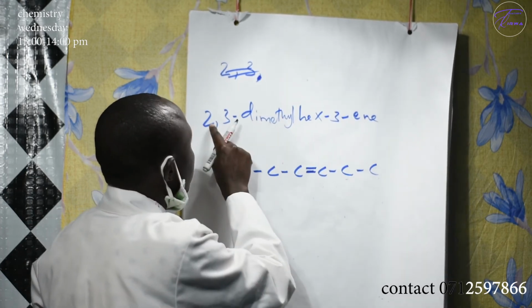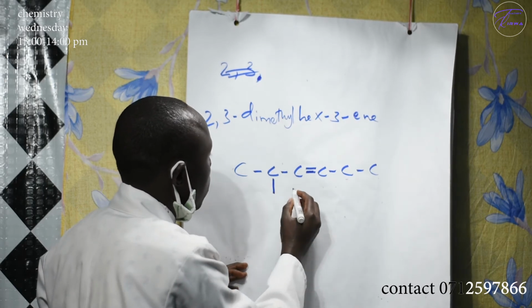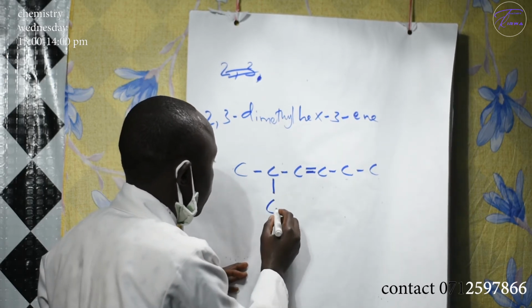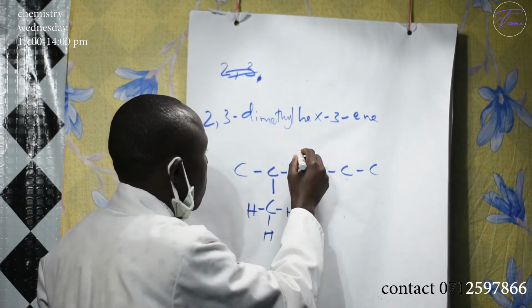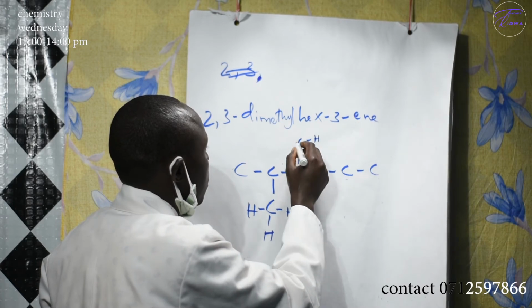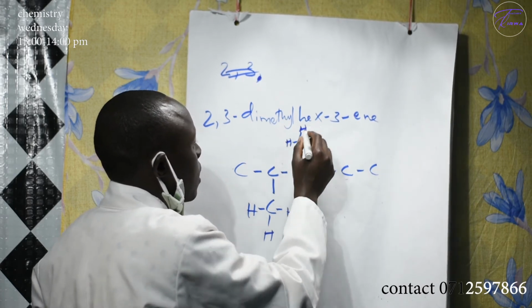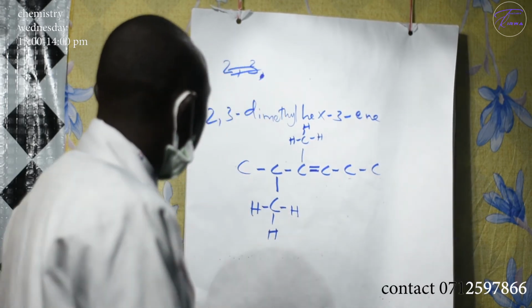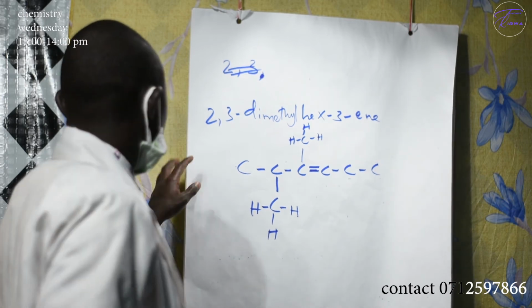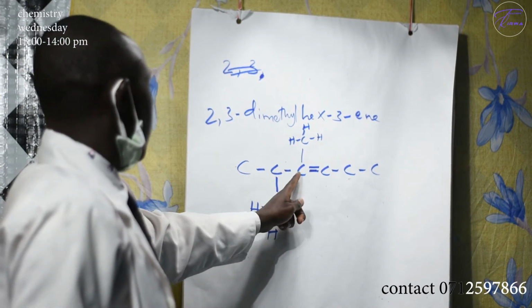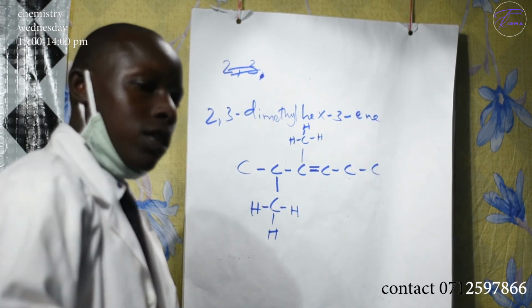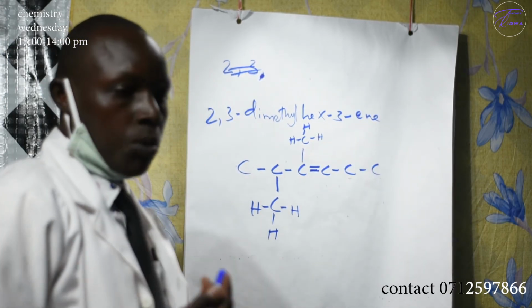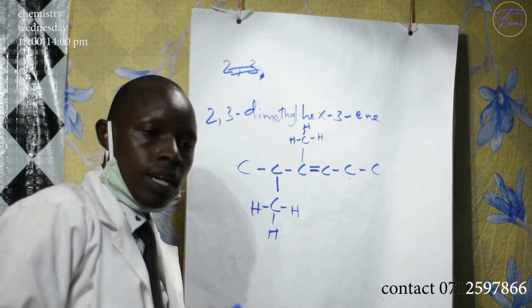So at carbon number 2 and 3, you have 2 methyls. At carbon 2 you have a methyl, and at carbon number 3 you also have a methyl. Methyl is a CH3. Then you fill the rest of the bonds that remain using hydrogen.